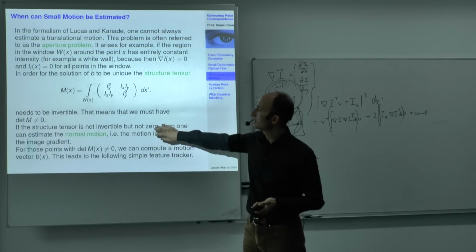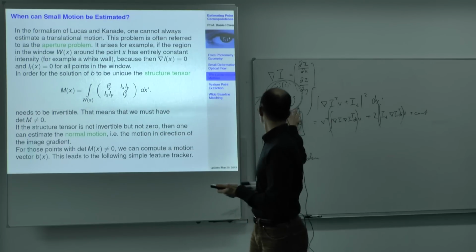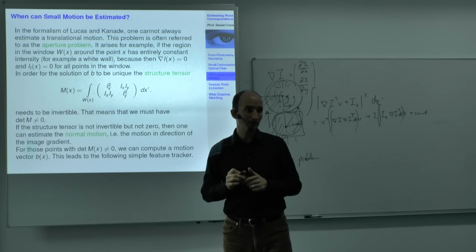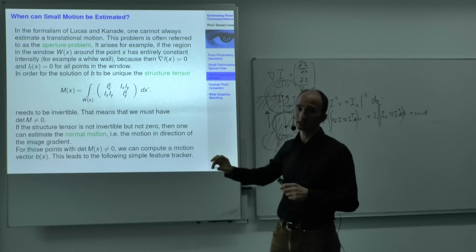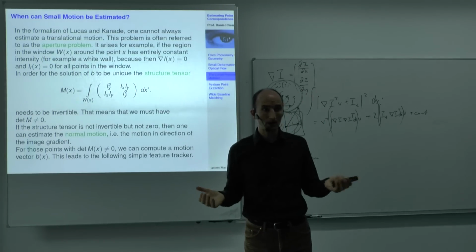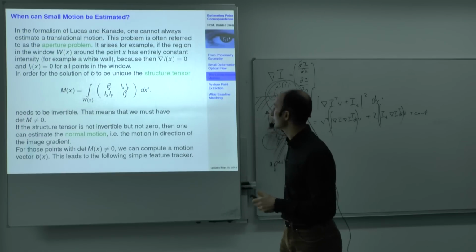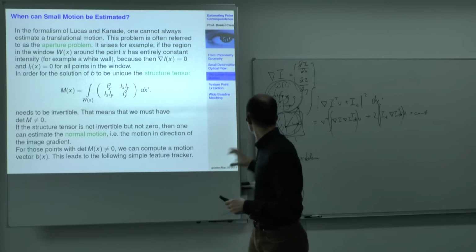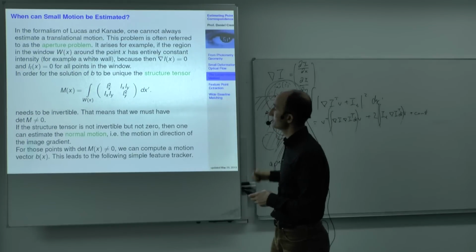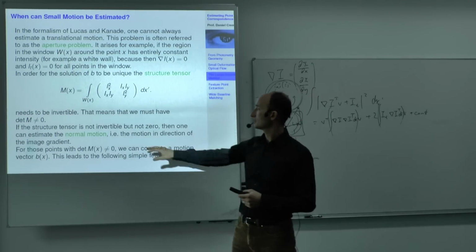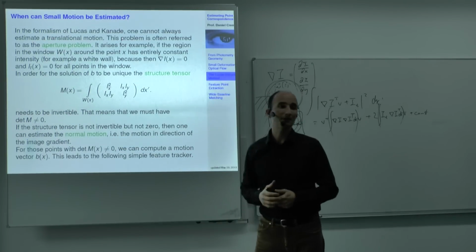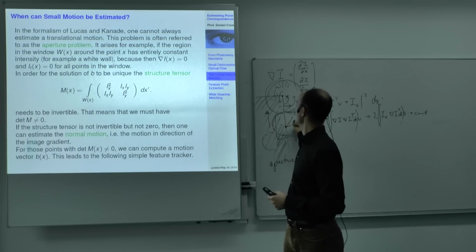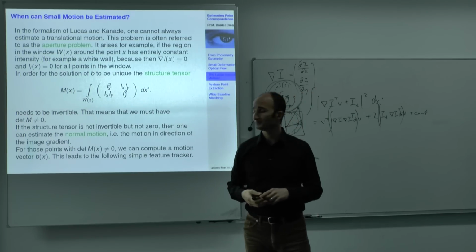I mentioned if the determinant is 0, say in artificial image data, that can happen, not so much in real data, but if you take artificial data of that black square on white ground, then you will find that the determinant can be 0. For this case, for example, of the edge, that will happen, but then we can typically still estimate what's called the normal motion. That is the component of the flow in the normal direction.